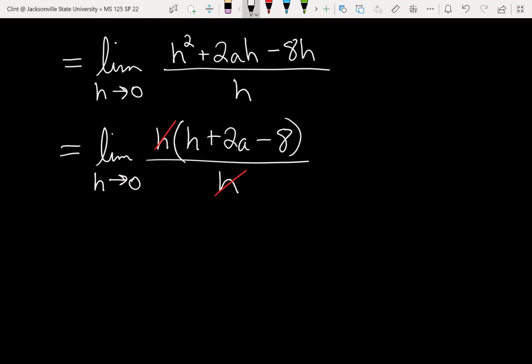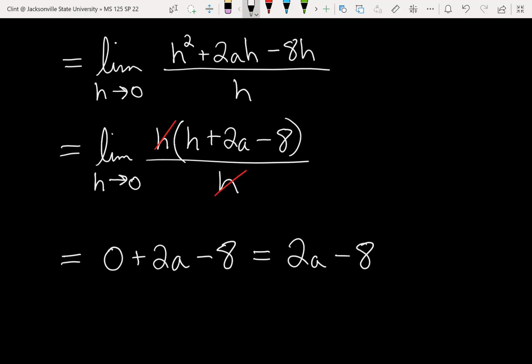And it's going to be weird. We're not going to get an exact number out because remember, our x value we're calling a. So this limit will depend on our x value. When we plug in 0 for h in h plus 2a minus 8, we just get 2a minus 8.